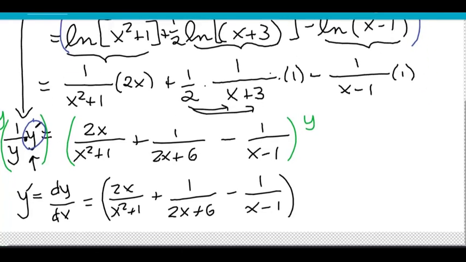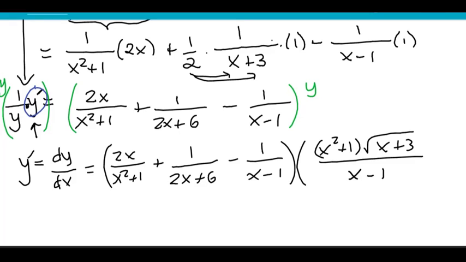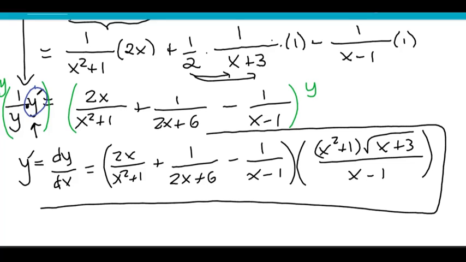So instead of saying times y, I'm going to say times what y is equal to, which was x squared plus 1 times the square root of x plus 3, all over x minus 1. And this I can say is my final answer. Okay, so that's it. That's our example for using logarithmic differentiation.